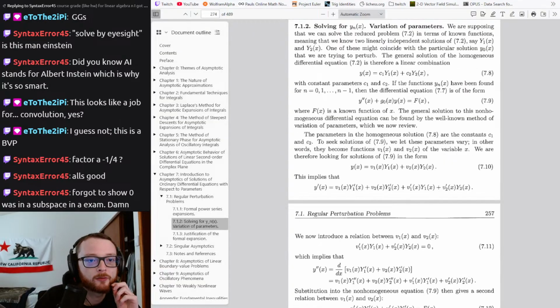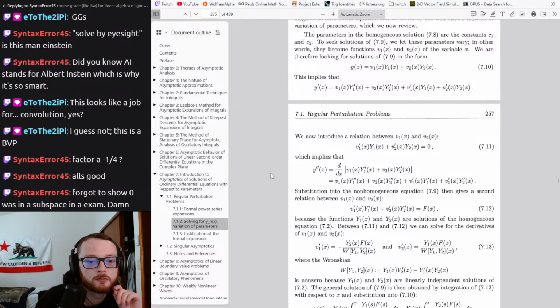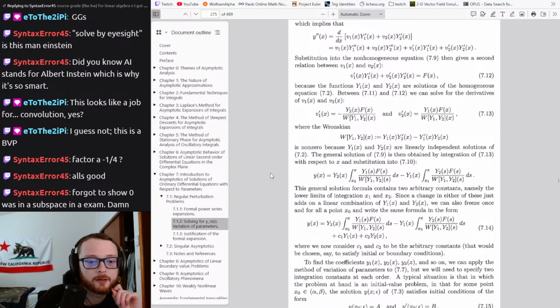The x naught thing is kind of bugging me though, because that's what we wrote in the notes, but we didn't say what x naught is. It might be arbitrary. Or, I don't know.